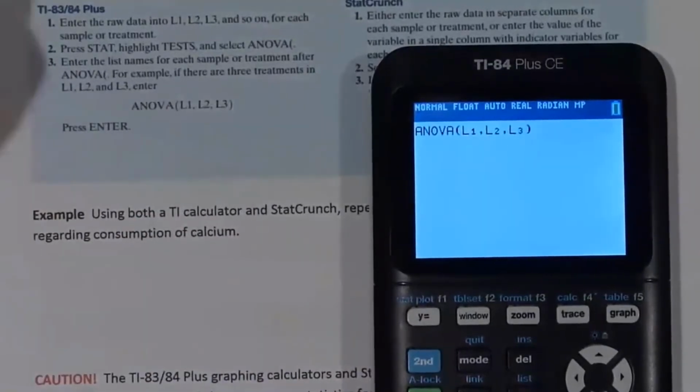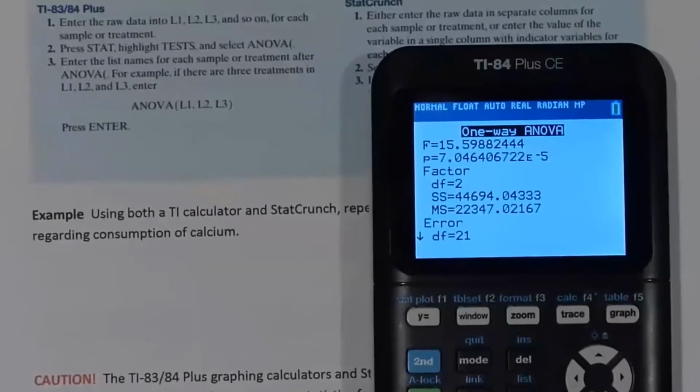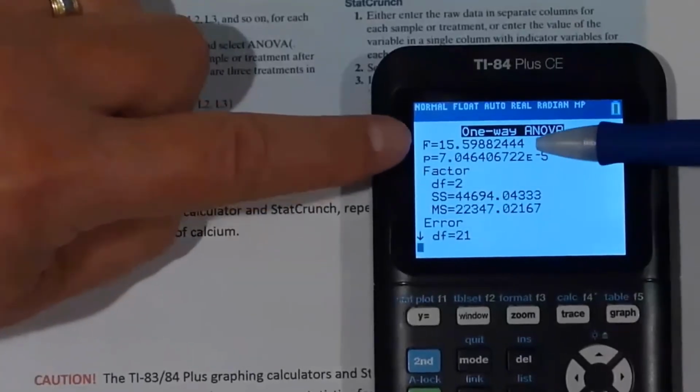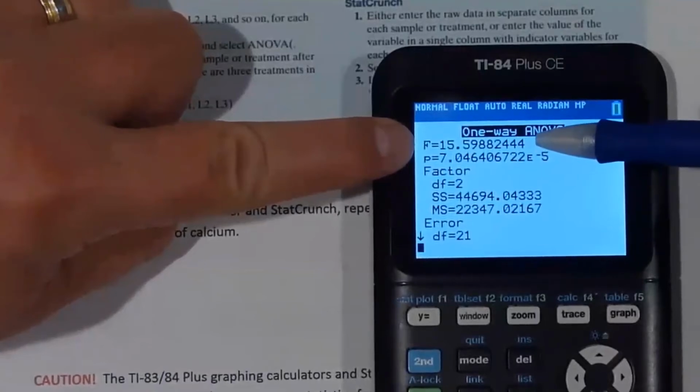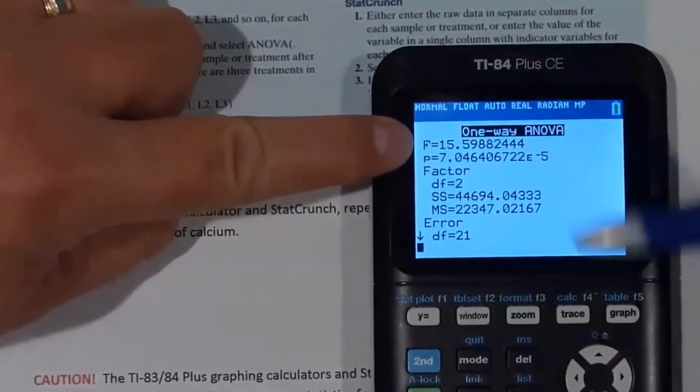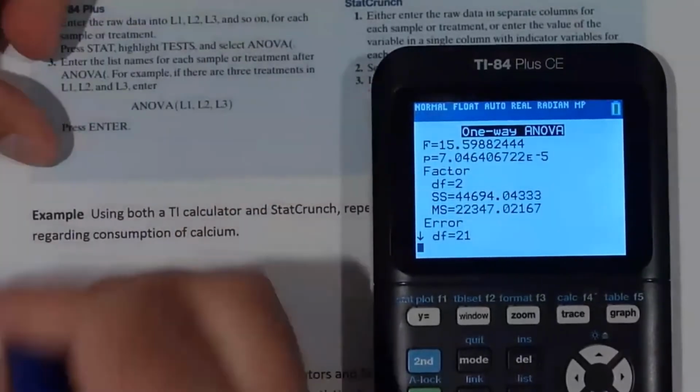And then I'm going to close the parenthesis because those are the only 3 things that I'm comparing. If I was comparing 4 sets of data, then I would also have data in list 4, and I would put comma L4 and so on. If I hit enter, I get first and foremost up here at the top the F test statistic. So the F test statistic is going to be 15.599 if I round to 3 places.